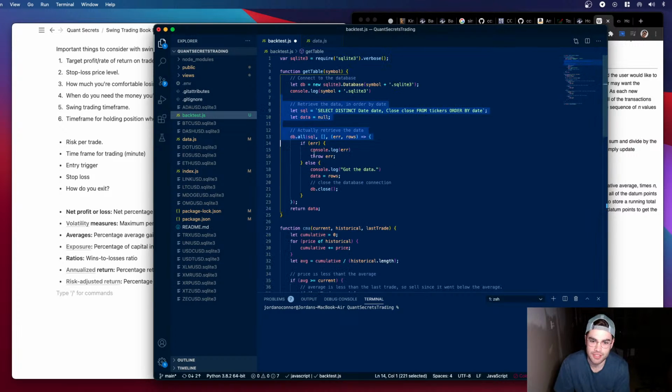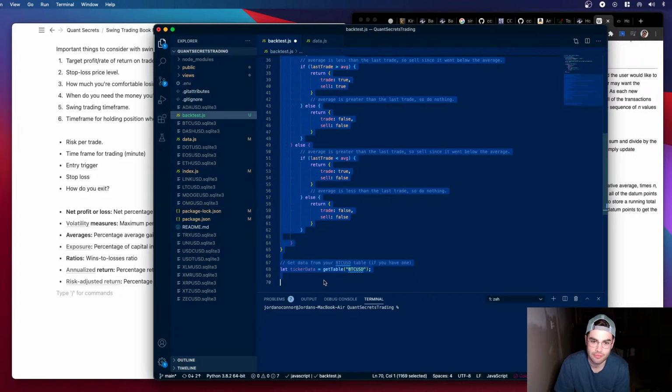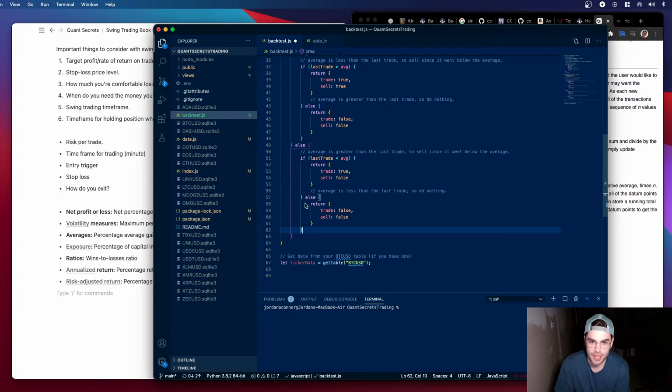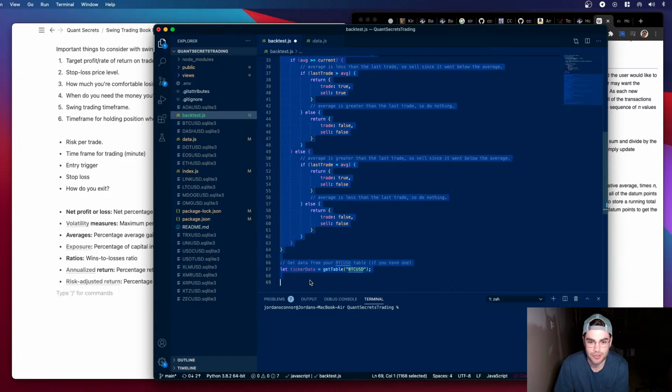But yeah, I kind of have an idea now of, okay, this is my cumulative moving average. So I have this system now. This is my first trading algorithm.